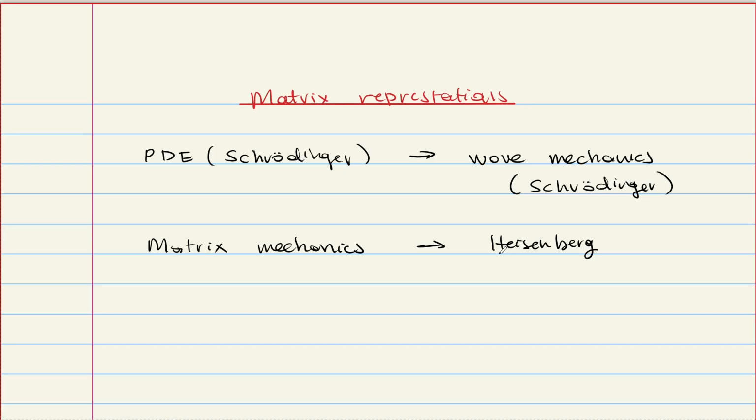But later, mostly due to Paul Dirac, today we know this is an identical description. Wave mechanics and matrix mechanics are exactly the same thing. And now I want to spend a few lectures to do everything we did in terms of matrices. And that's why I call it matrix representations.